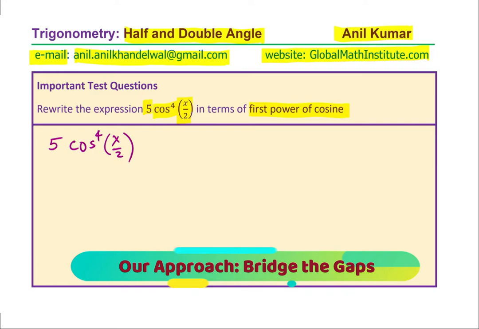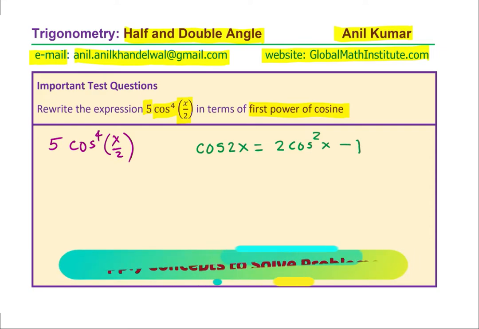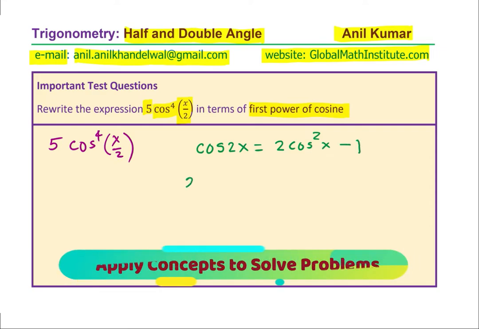So as you know, the double angle cos of 2x can be written as 2 cos square x minus 1, and rearranging we get 2 cos square x equal to 1 plus cos 2x, correct?